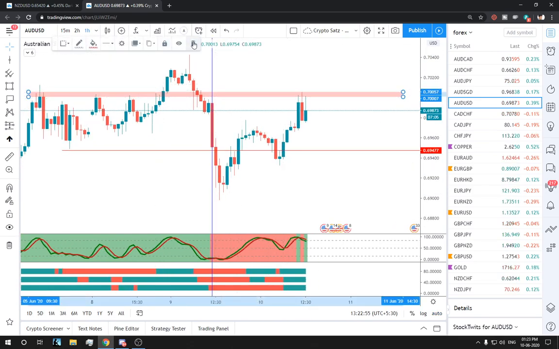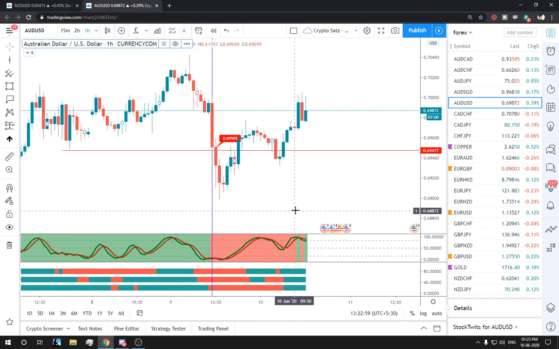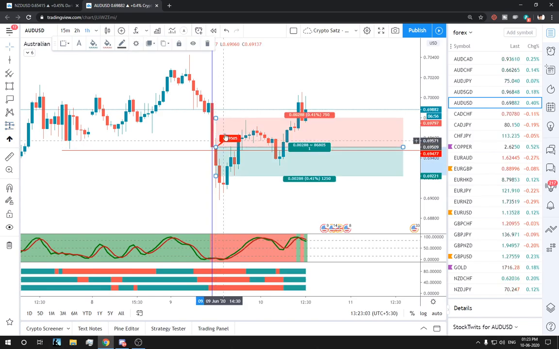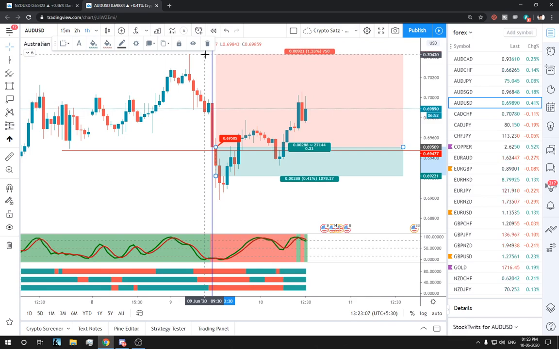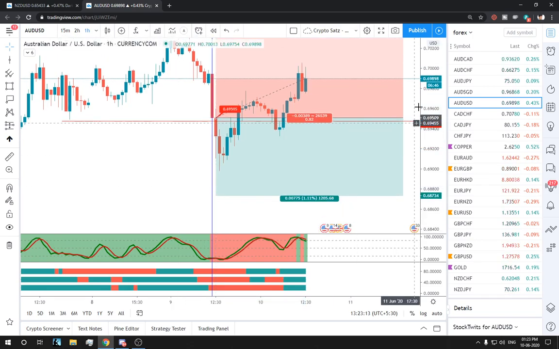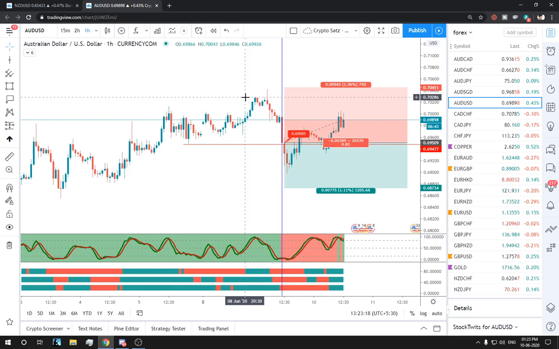I'll take this off, and we got a short at the open of the next candle. Previous structure high somewhere over here, 1.36%. Well, that's a very big target.